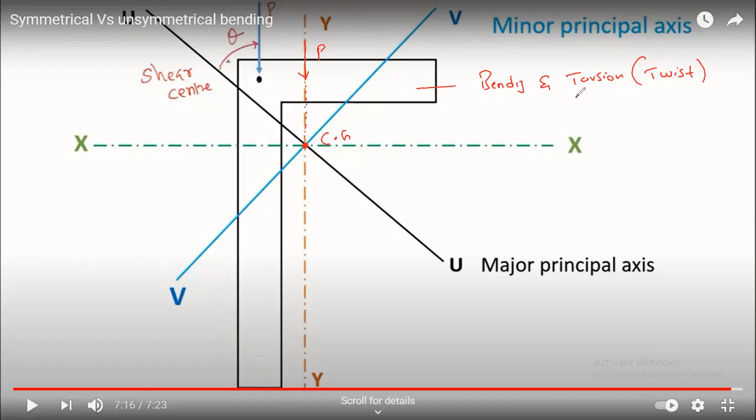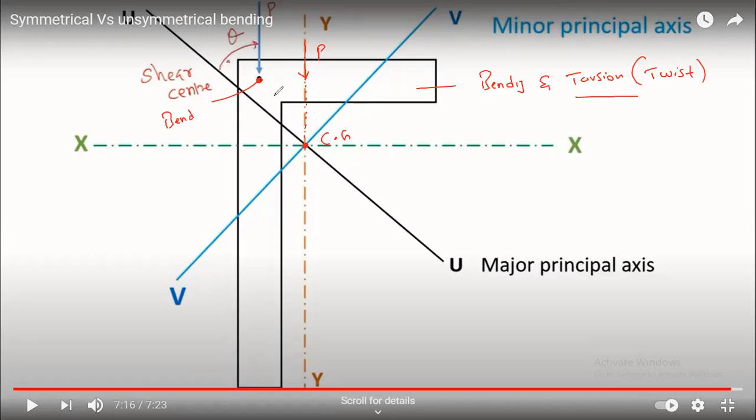To control twisting, I have to pass load through the shear center, not through the center of gravity. If I pass load through the shear center, it will only bend. It won't have any twisting.